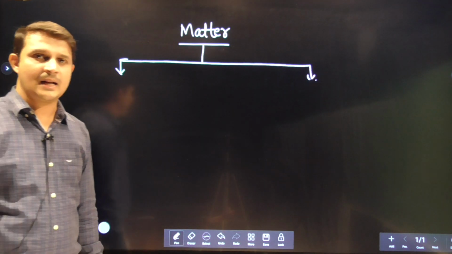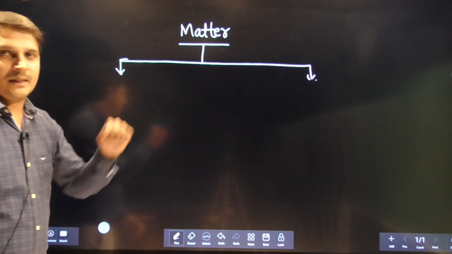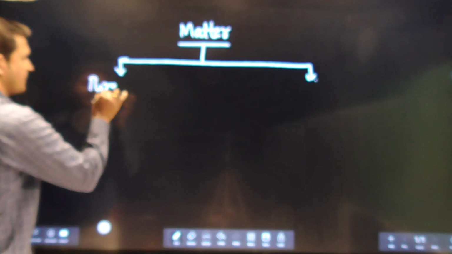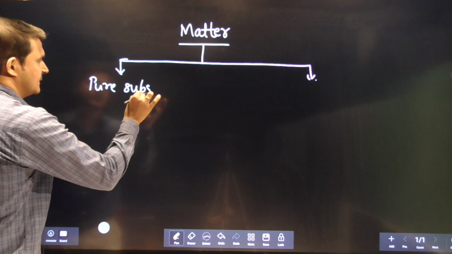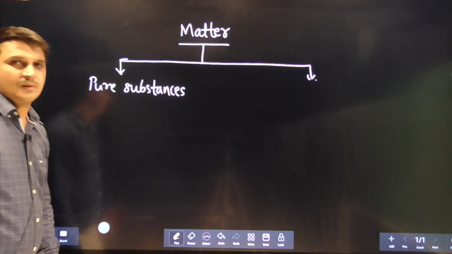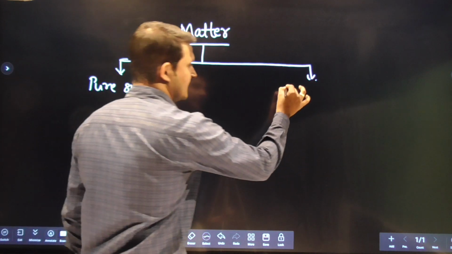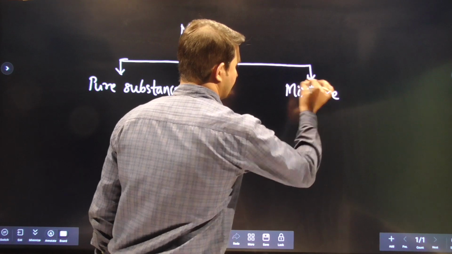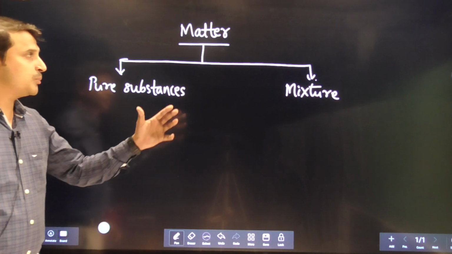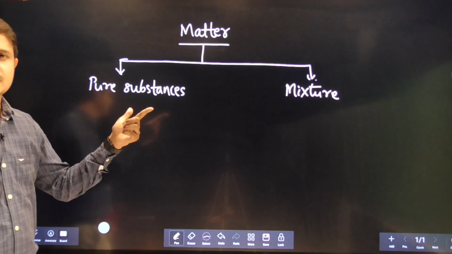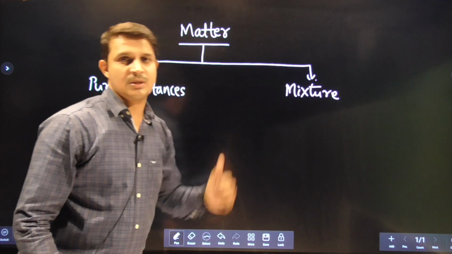One is pure substances, and the second one is mixture. So two broad classifications of matter: pure substances and mixture.